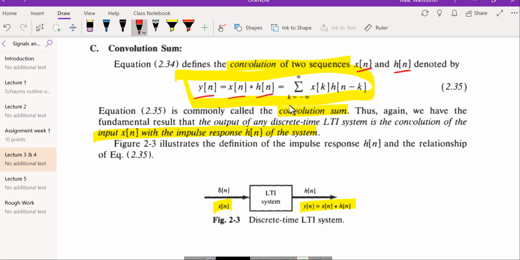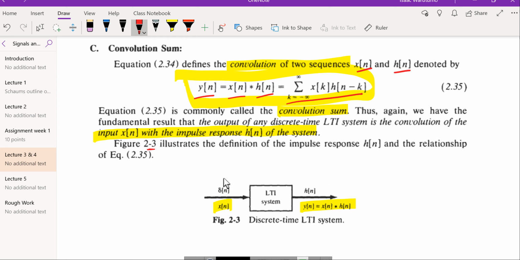This is expressed as equation 2.35. As I mentioned earlier, this is defined as a convolution sum, and it gives us a fundamental result: the output of any discrete time LTI system is a convolution of the input signal x of n with the impulse response h of n of the system, which can be expressed as in figure 2.3, illustrating the definition of the impulse response.